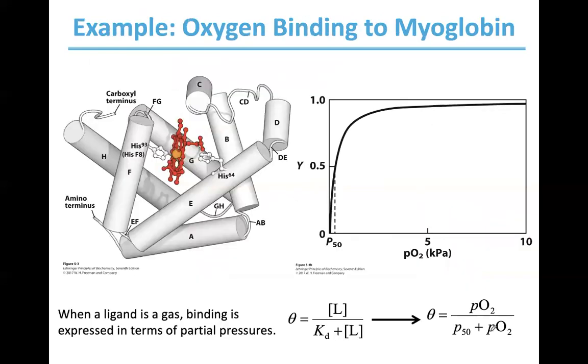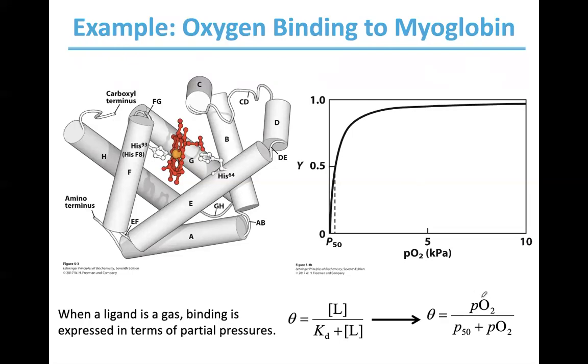Okay, so an example of this is oxygen binding to myoglobin. When the ligand is a gas, you're going to turn L into the partial pressure of oxygen.